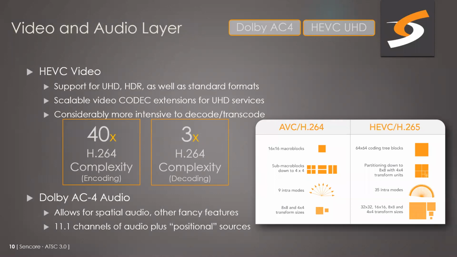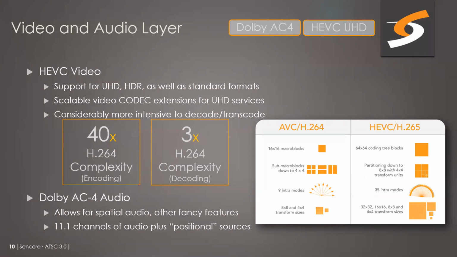Also, just highlighting again within the ATSC 3.0 signal, the video and audio layers. As we talked about a little earlier, ATSC 3.0 is using HEVC video compression, which supports and actually encourages UHD, HDR, enhancements to the normal video.